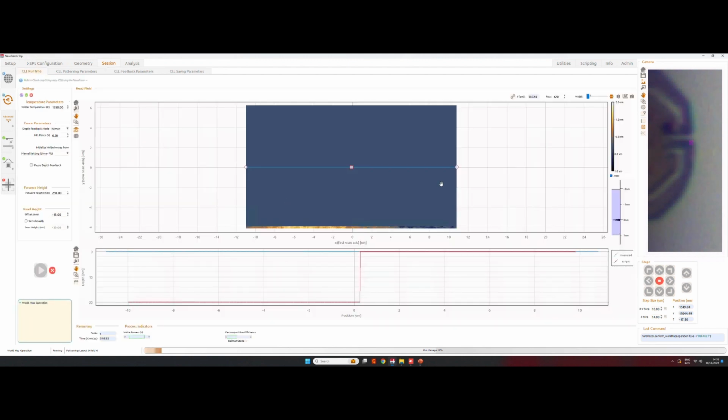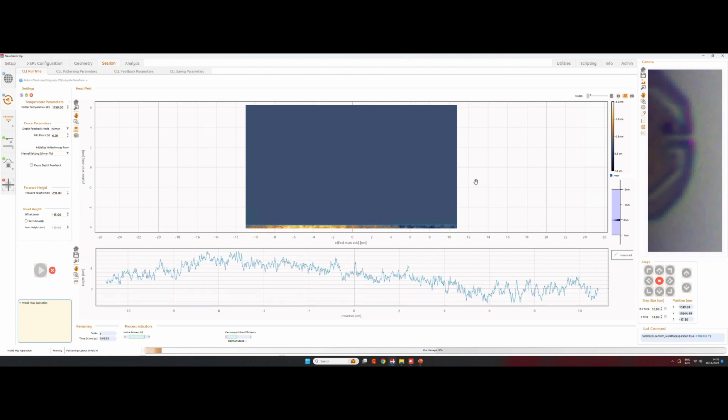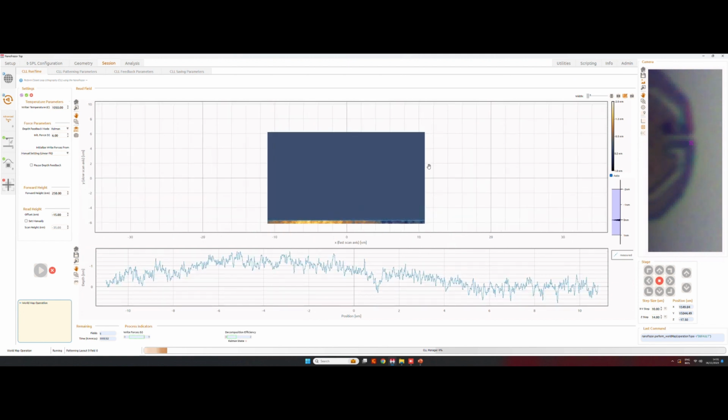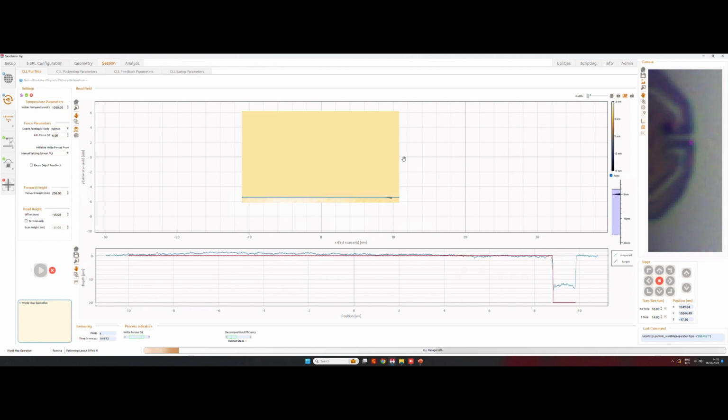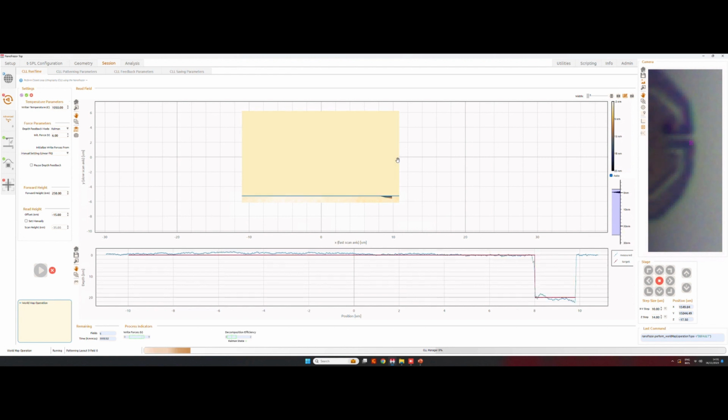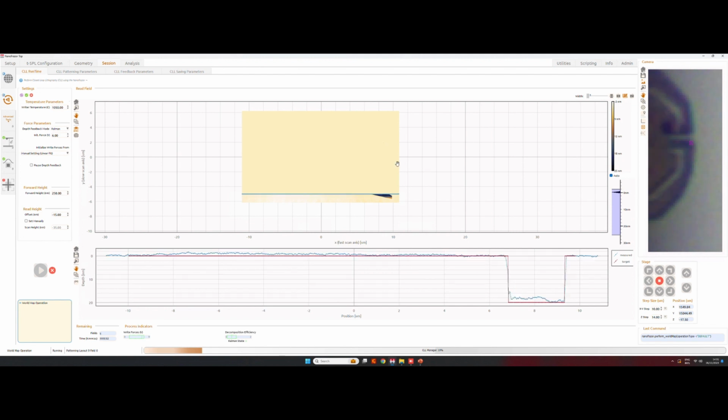So let's see now what we see when we pattern. Hopefully we see some bowing which we can correct. So now we're patterning an example of a contact or a piece of a contact structure for nanostructures.